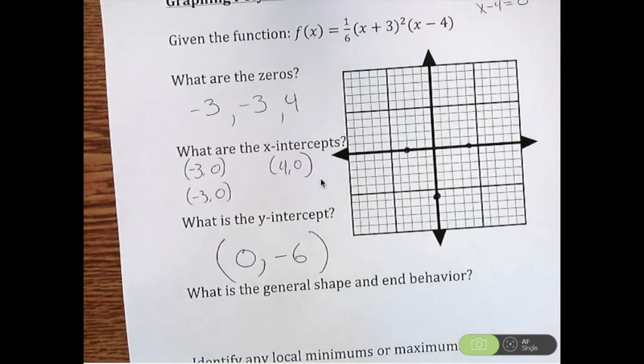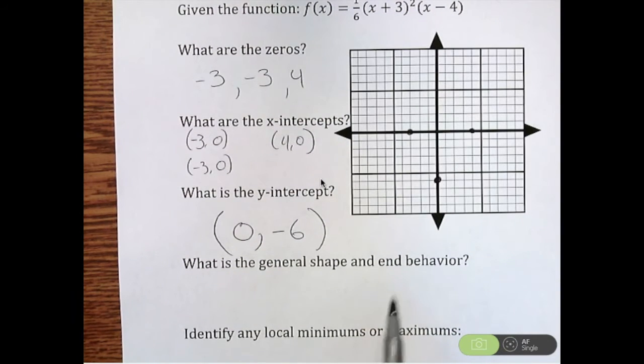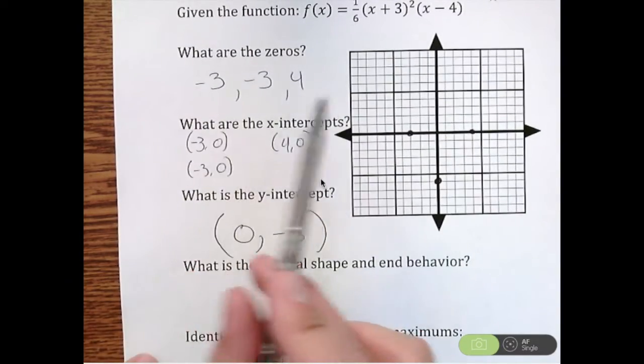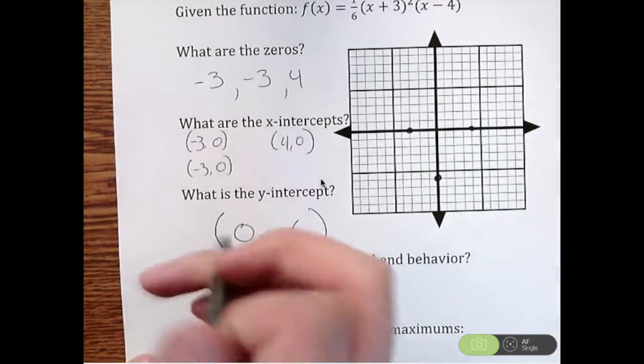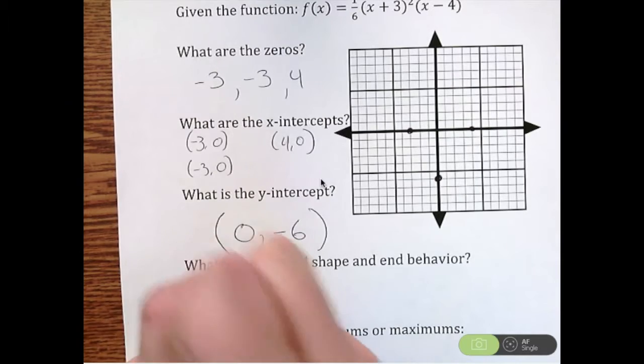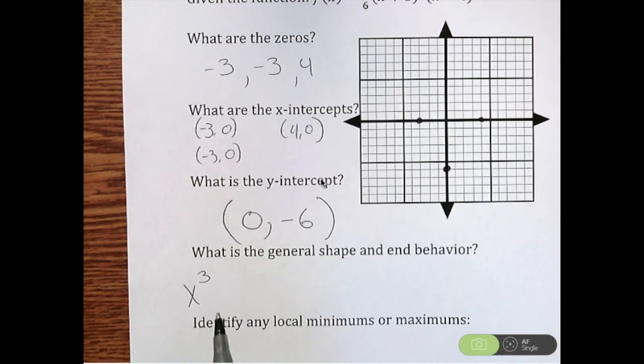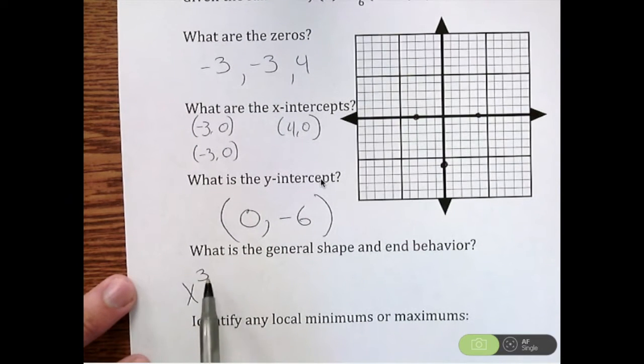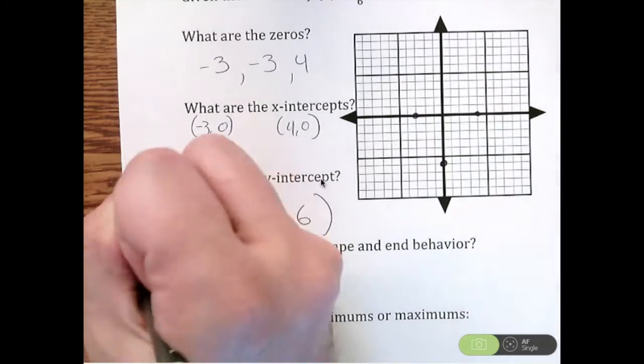Third thing, we can figure out what is the general shape, which tells us the end behavior. So I have 3 zeros here. If I have 3 zeros, that means the degree is 3, which means if this was in standard form, the highest power would be x to the third power. Now what we need to remember is you look at the degree to tell even or odd.